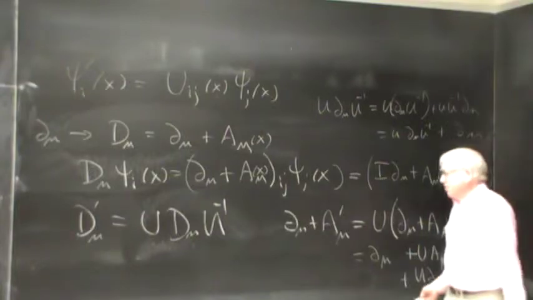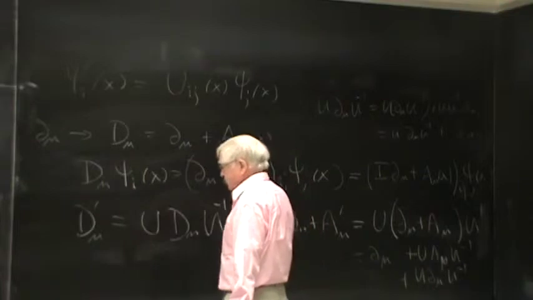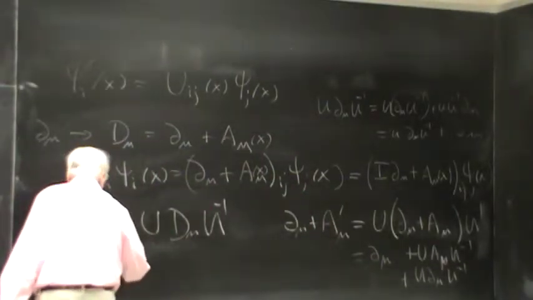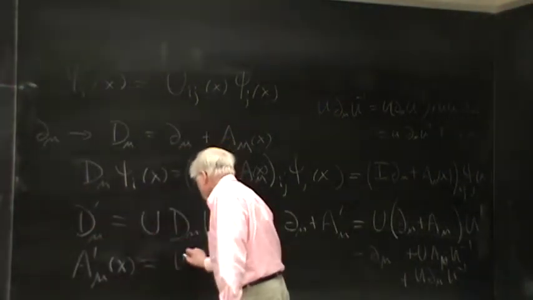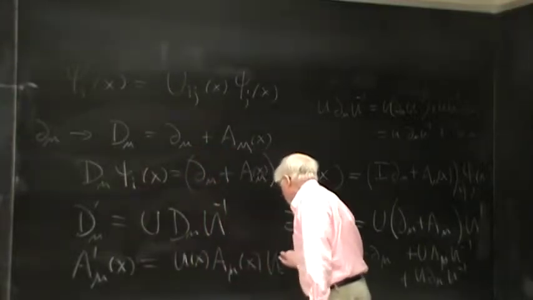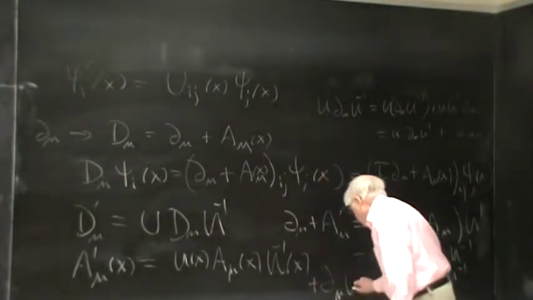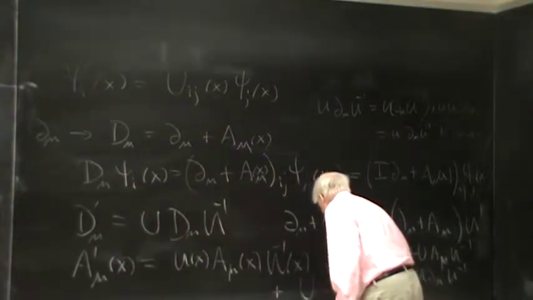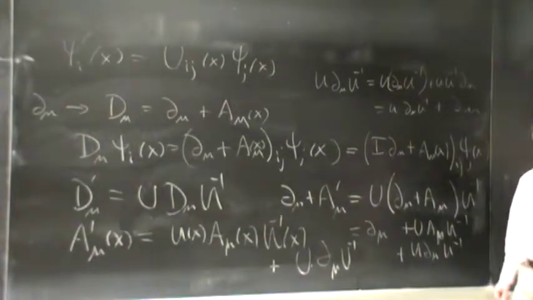And that tells us what our relation is, how this matrix A mu has to transform, namely A prime mu of x has to be U of x, A mu of x, U inverse of x, plus, oops, mistake, plus U d mu U inverse. Okay?